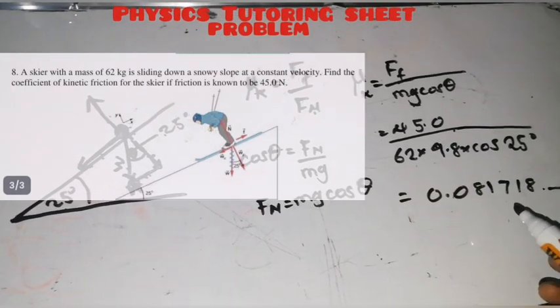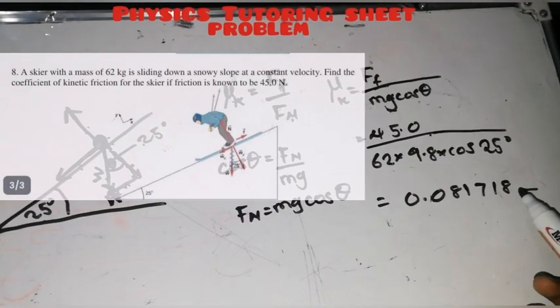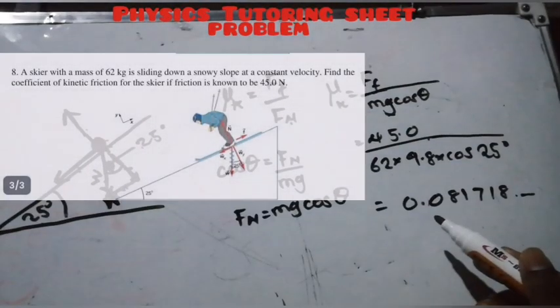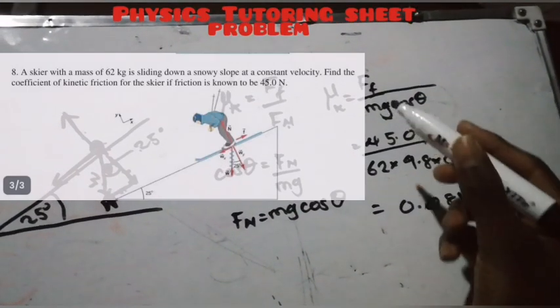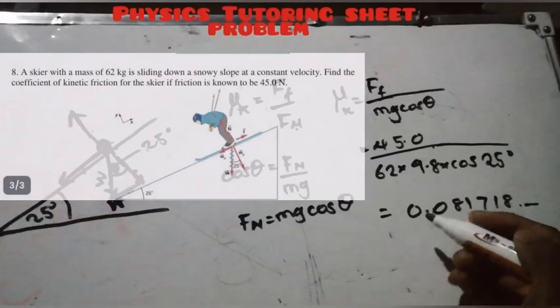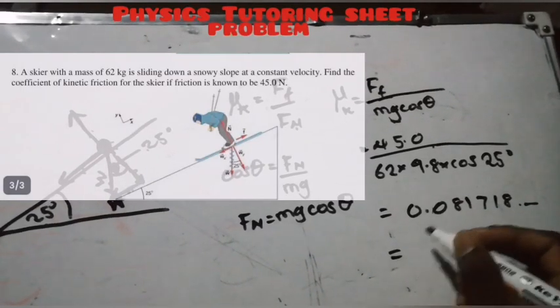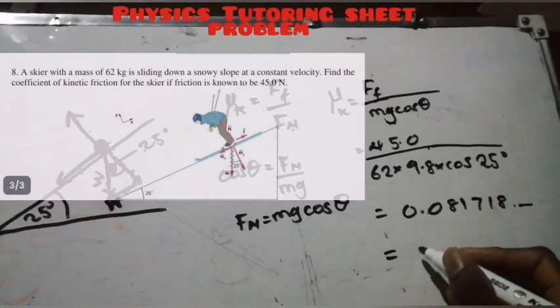To know how many significant figures our final answer should have, we consider the one with the least number of significant figures. This one had 3, this one had 2. Therefore, the least is 2, so our final answer should only have two significant figures.